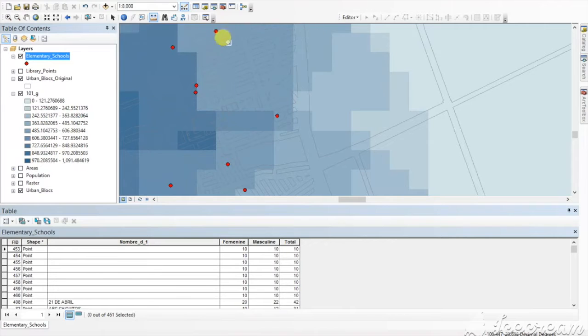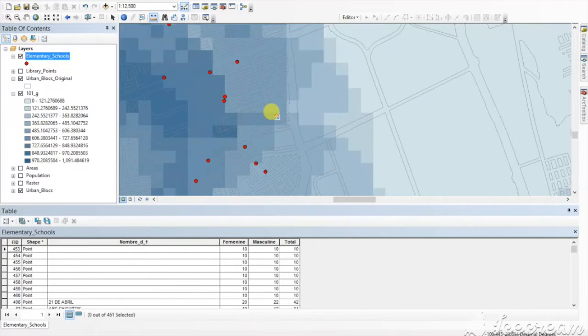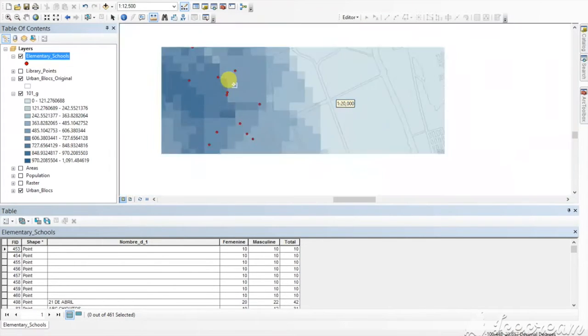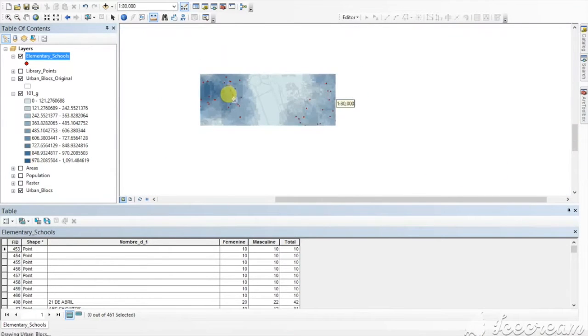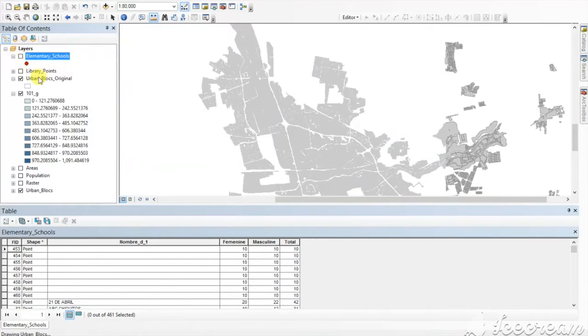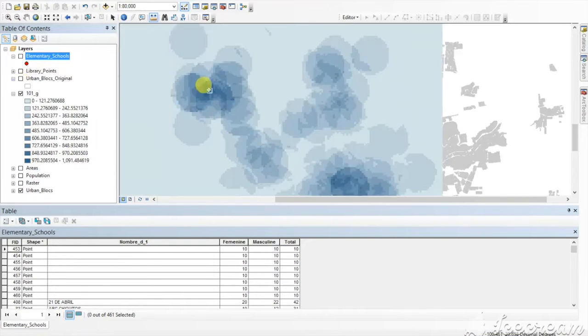So that's clear. The radius means that each of these points is going to be filled in a radius of 1,000 meters by these little pixels, okay? So the result of this kind of analysis is that where there's a bigger concentration of points, it's going to be more darkly colored, as you can see over here.